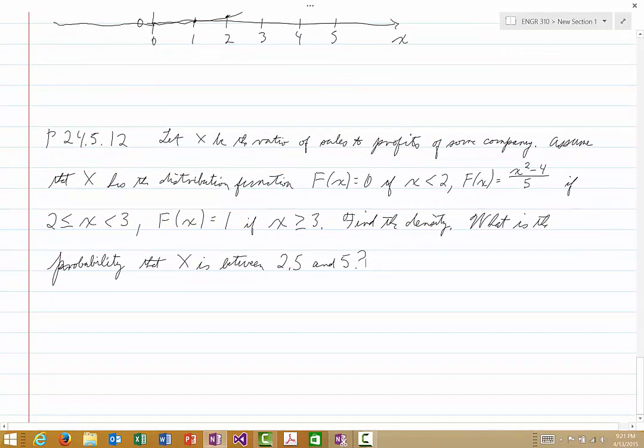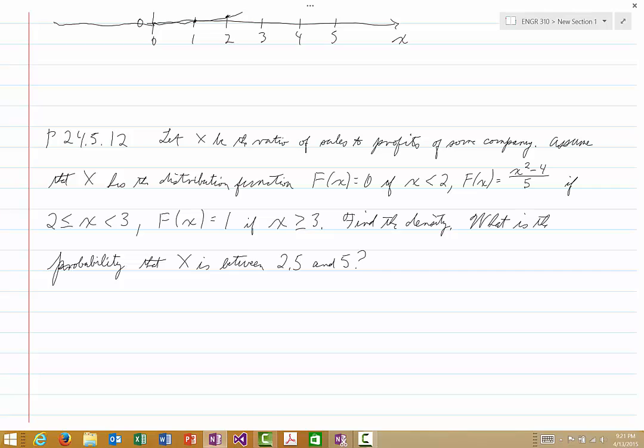So let's maybe start with the second question. Well, actually, notice that to answer this part that asks you for the probability that x is between 2.5 and 5, that's simply the integral from 2.5 to 5 of little f of lambda d lambda.